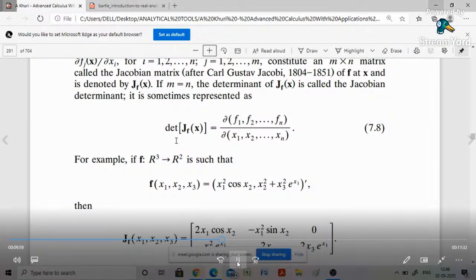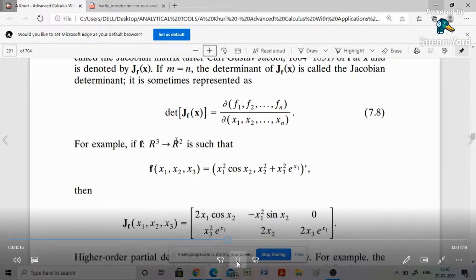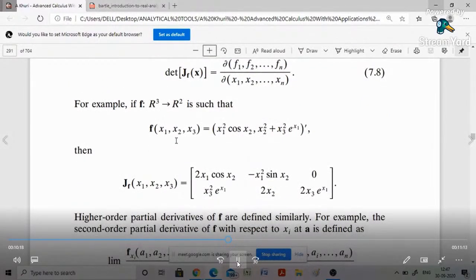There is nothing to do with differentiation here, as we saw in equation number 7.8; that is a notation. So that is the Jacobian determinant. Let us try an example to find the Jacobian determinant.